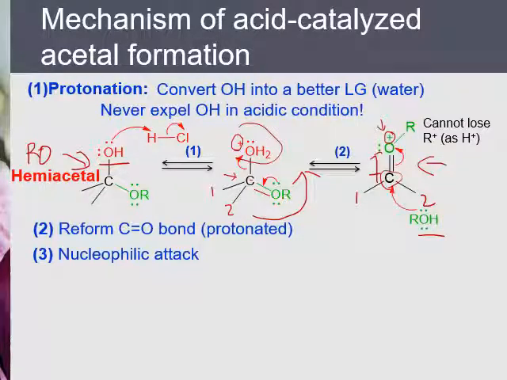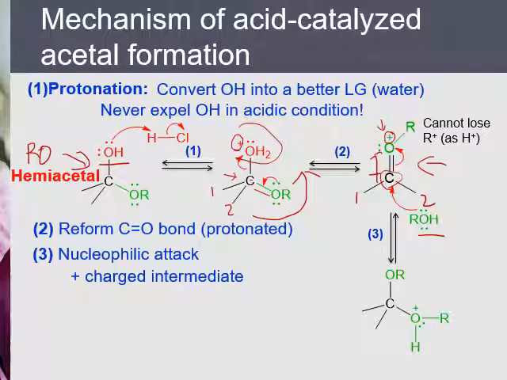So draw two arrows. One is the lone pair of electrons from oxygen attacking carbon, forming an oxygen-carbon bond, and the other, the pi bond breaks and goes to the oxygen. That gives you an intermediate that has an alkoxide there, but this is another alcohol, where the oxygen has a positive charge with hydrogen.